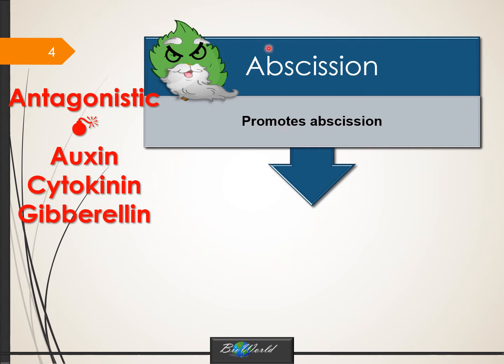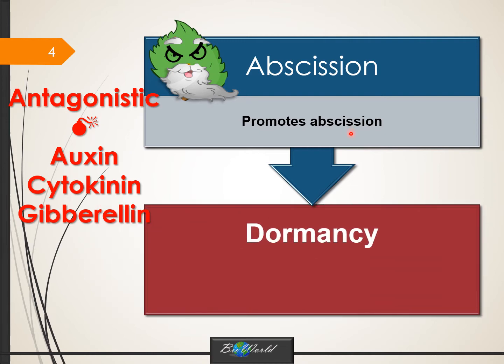But abscisic acid promotes abscission, where the leaves, flowers, or fruit will fall off by themselves. So in the picture I showed you, there was no wind blowing, yet the leaves were falling. So that is abscission.